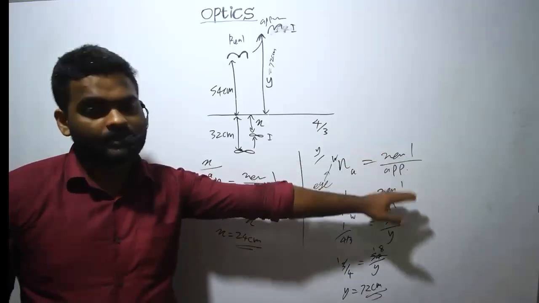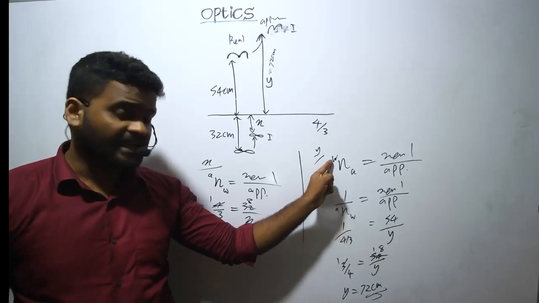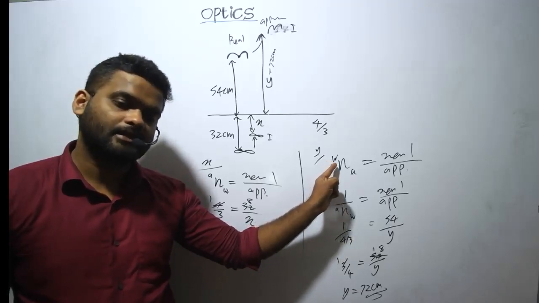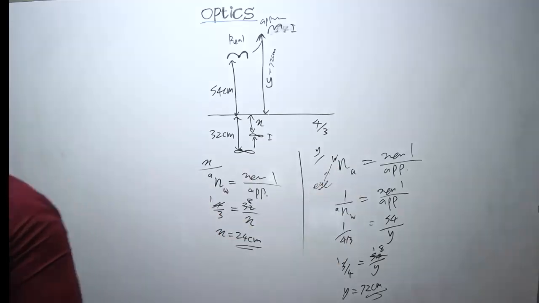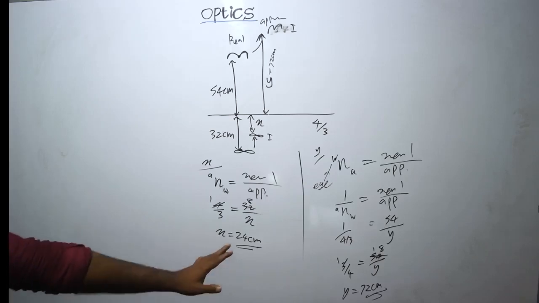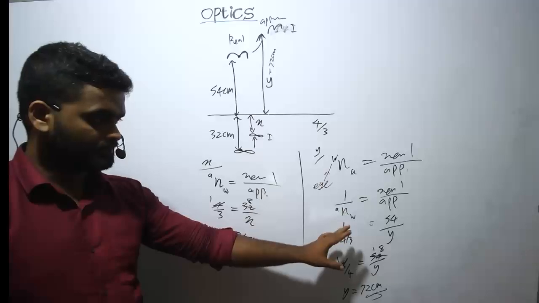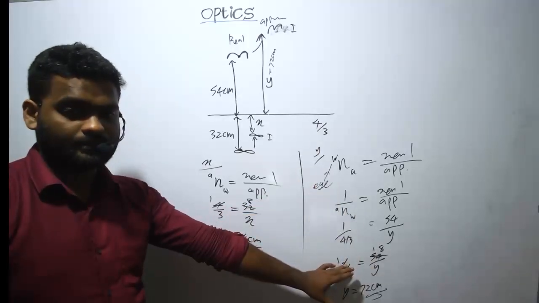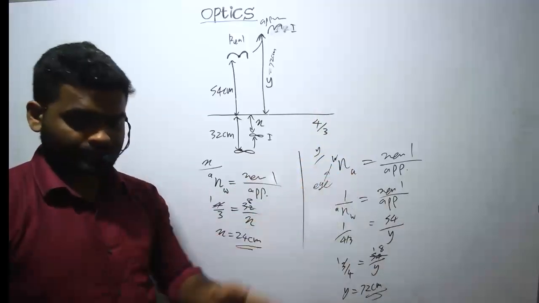It is always real divided by apparent, but always relative to the medium of the eye. Understood? If you have any doubts, just clear that out, because without this, it is very hard to understand the remaining parts.